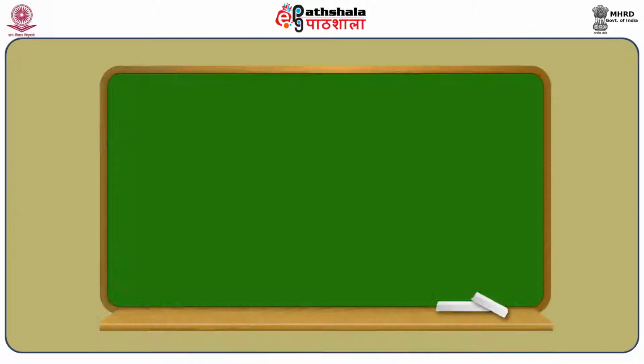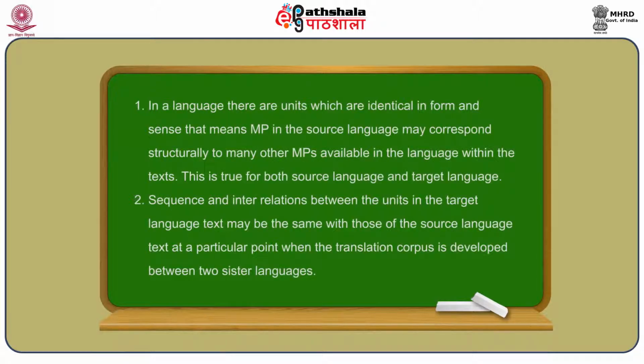So what happens? Analysis of type constructions rather than full tokens in a parallel translation corpus can serve our purposes, because in a language there are units which are identical in form and sense. That means an NP in the source language may correspond structurally to many other NPs available within the text. This is also true of both the source language and the target language.